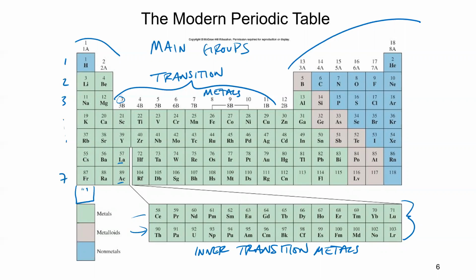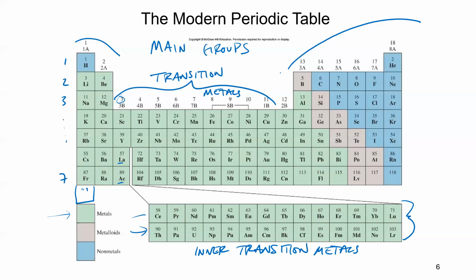Last thing I'll say about the periodic table, and then we'll move on from this slide. In green, you can see it's classified as metals down here. And by far, most of the elements that we have are metallic elements. Right? So everything green is metallic.